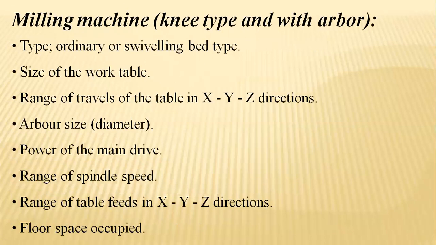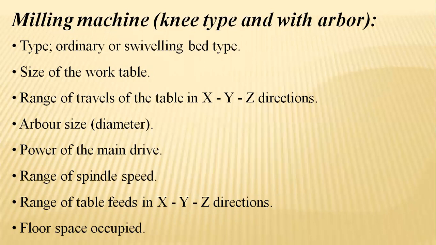So the second is the milling machine. There will be a knee type and with the arbor, two categories. Depending upon the type, there is an ordinary or a swiveling bed type. Depending upon those two parameters, knee type or with arbor will be utilized.